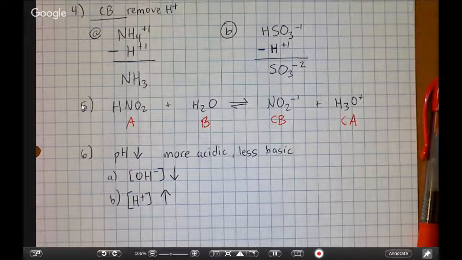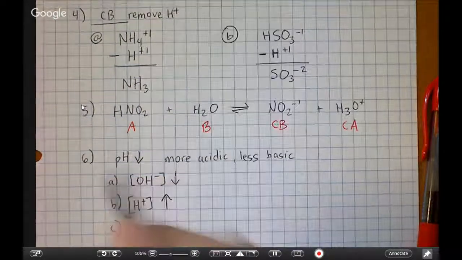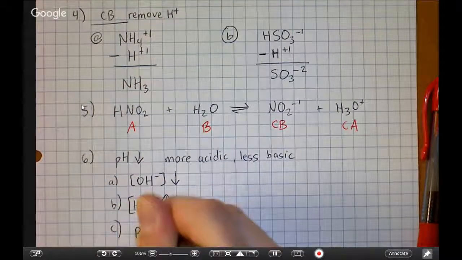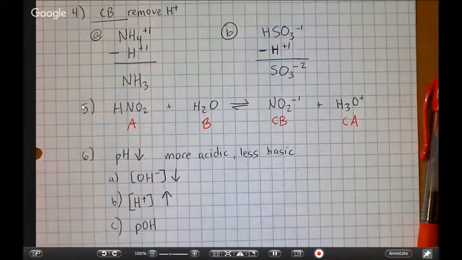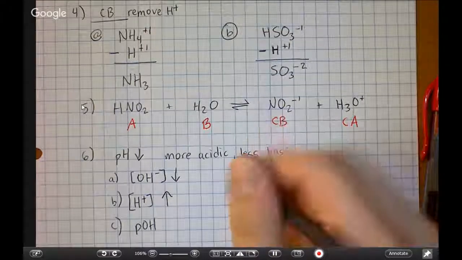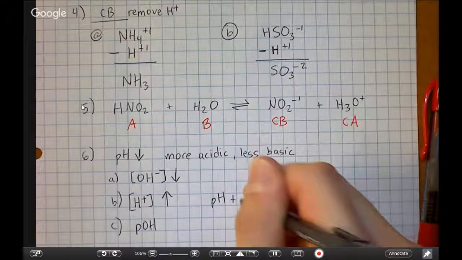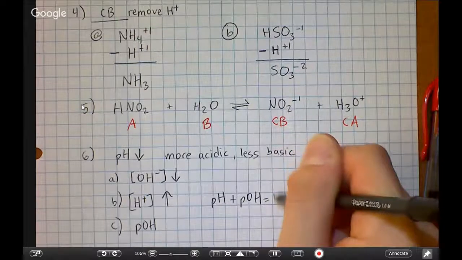Okay? If we are more basic, then we should have more hydroxide around, right? So then pOH, well, if our pH goes down, remember that pH plus pOH equals 14.